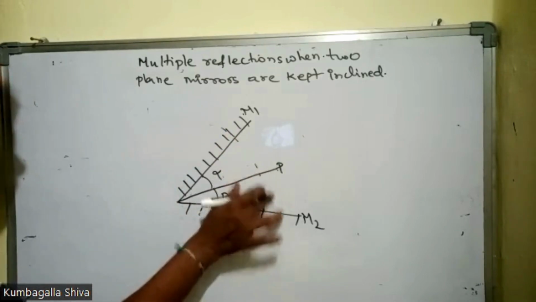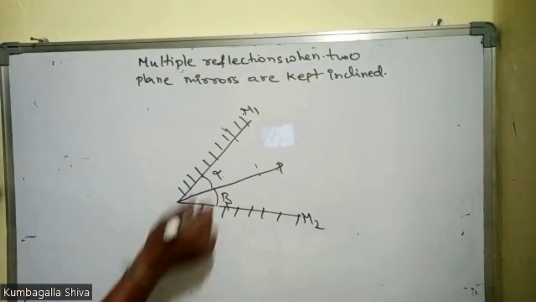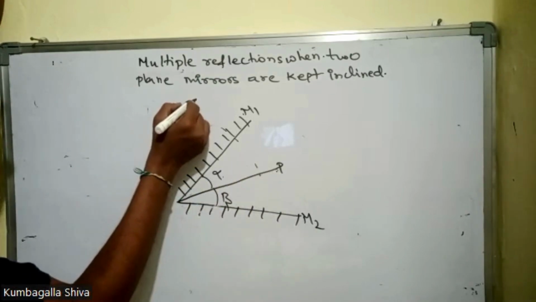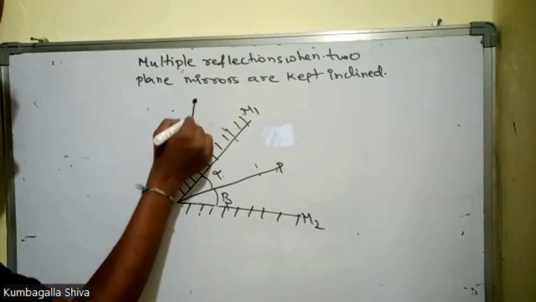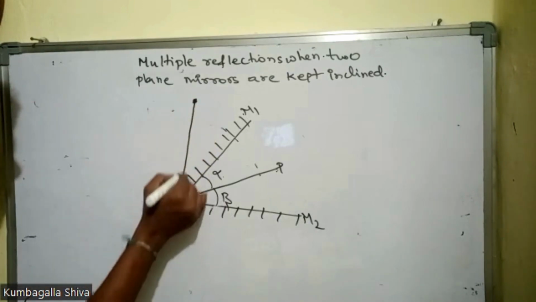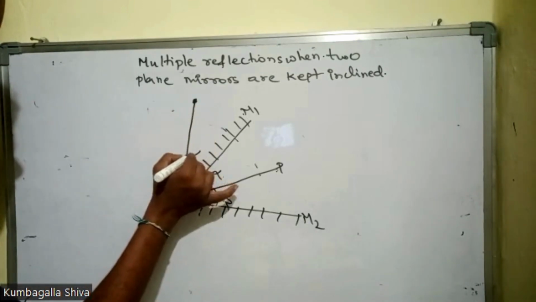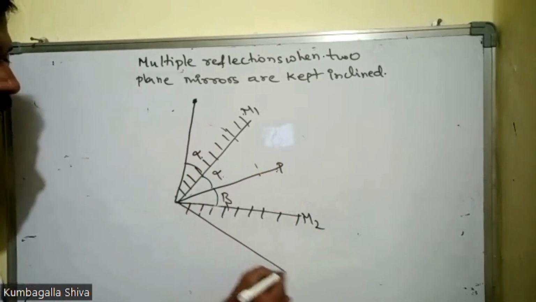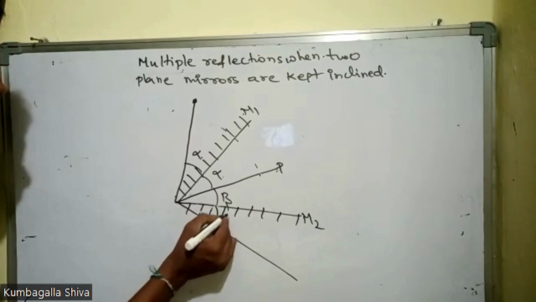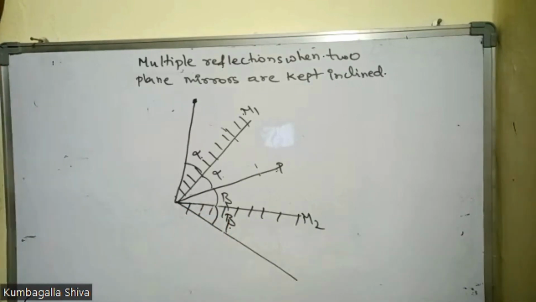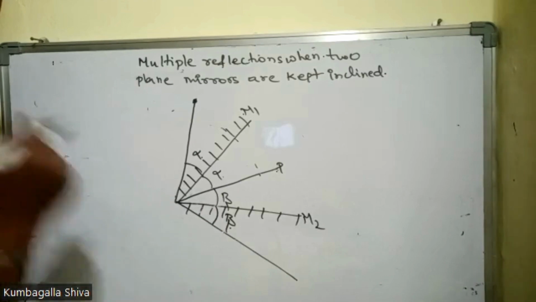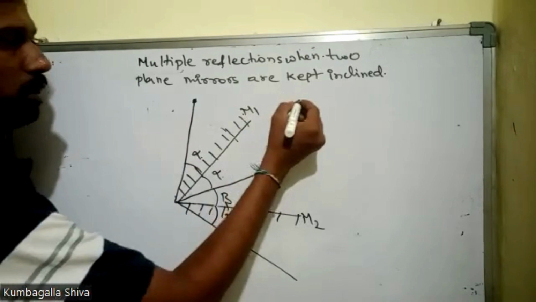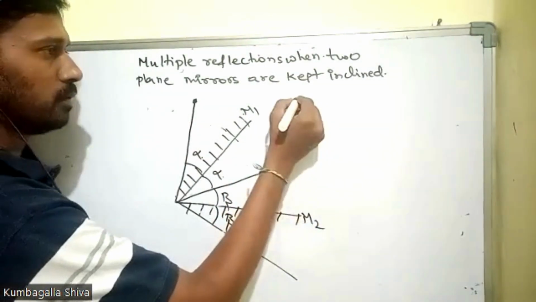Now for M1, when it is looking at the point P at an angle alpha, the image will also be at angle alpha. And when M2 looks at the point P also, the angle will be beta, right? This we are clear.